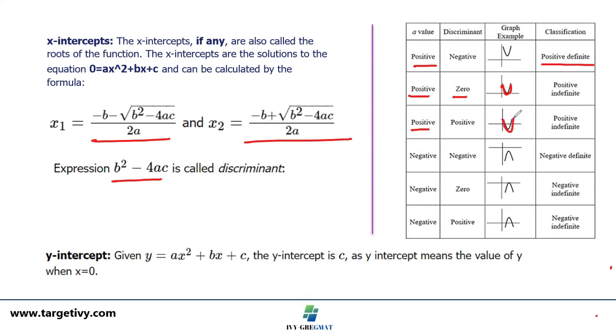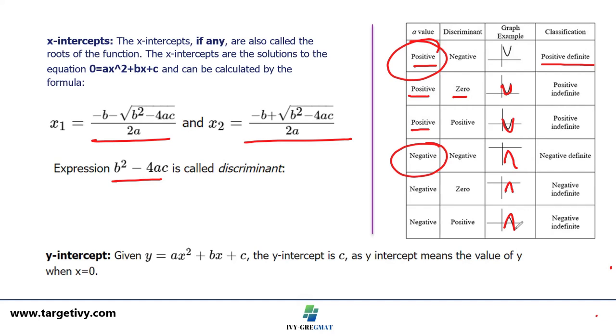If the value of a is negative, where here it was positive, then the graph goes like this. If it is 0, it will touch here like this. So that's a basic look at the graph from the equation.